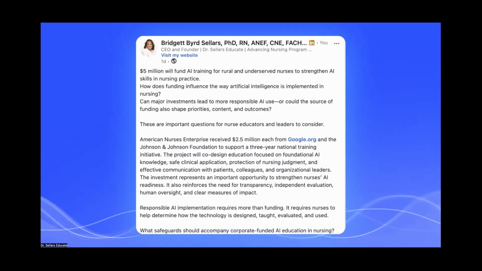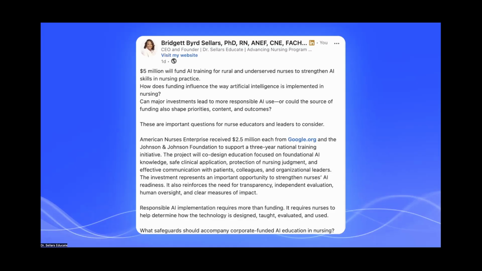It was announced that $5 million has been awarded to the American Nurses Enterprise. Now think about that. The largest organization supporting nurses has received $5 million to fund AI training for rural and underserved nurses to strengthen AI skills in nursing practice. So this was a thought-provoking question.